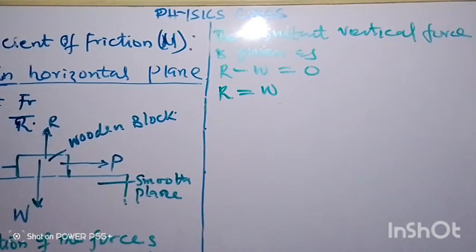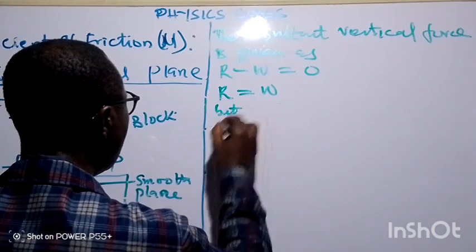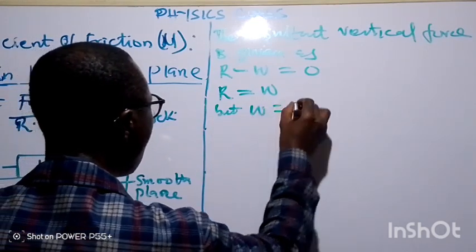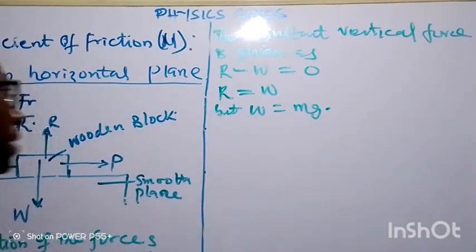And don't forget, W is equal to mg, that is mass multiplied by acceleration due to gravity.